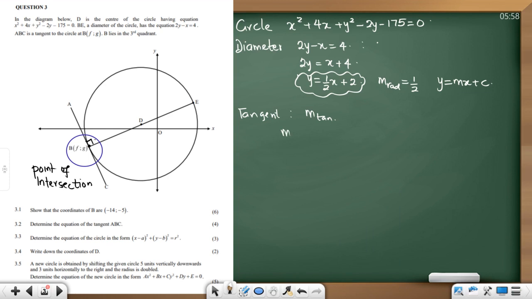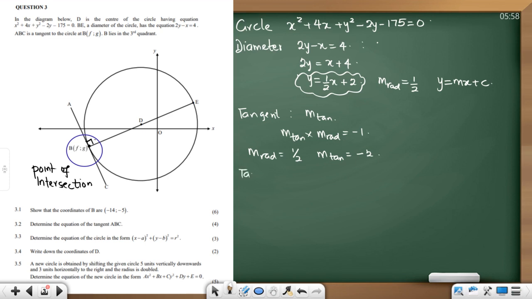So we know that m tan times m rad is equal to negative 1. We do know our m rad as half. What is our m tan going to be? We just change the sign. It's positive here, it becomes negative. It's 1 over 2 here, so we reverse, reciprocate, and it becomes 2 over 1, which is negative 2.